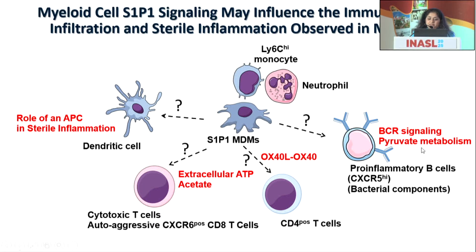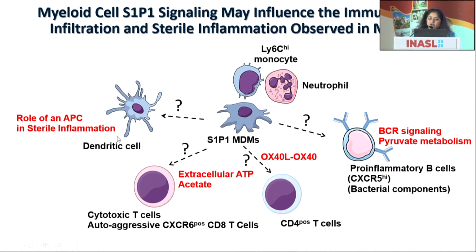and some very nice recent studies that look at B cell receptor signaling and pyruvate metabolism, and even bacterial components in their role in activating B cells in MASH. Oxidized 40L, which is an oxidized phospholipid ligand, and its receptor in CD4 cells, extracellular ATP and acetate in autoaggressive CXCR positive cytotoxic T cells.